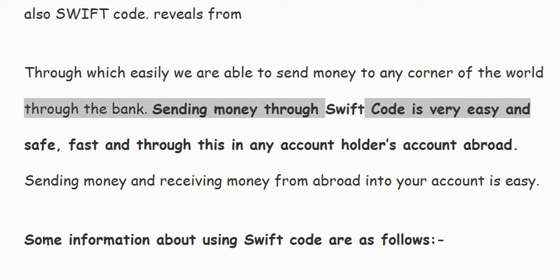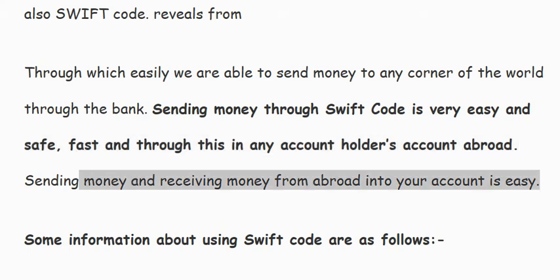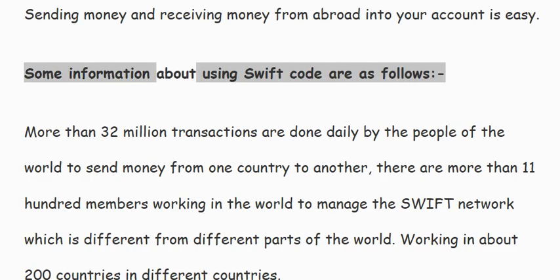Sending money through SWIFT code is very easy, safe and fast, and through this, sending money to and receiving money from an account holder's account abroad is easy. Some information about using SWIFT code is as follows.